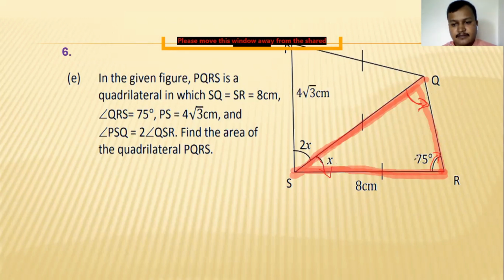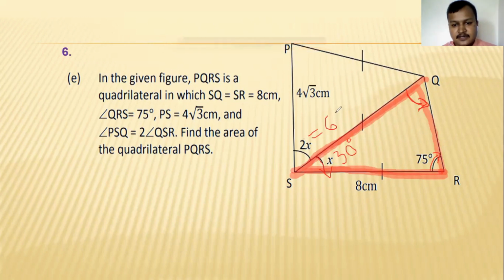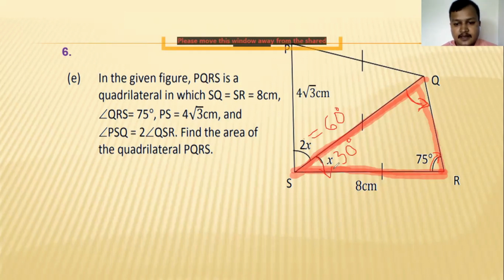X plus 75 plus 75 is equal to 180, and we will get X equal to 30 degrees. After getting it, it will be 2 into 30, 60 degree. The angle PSQ, how much does it become? 60 degree.